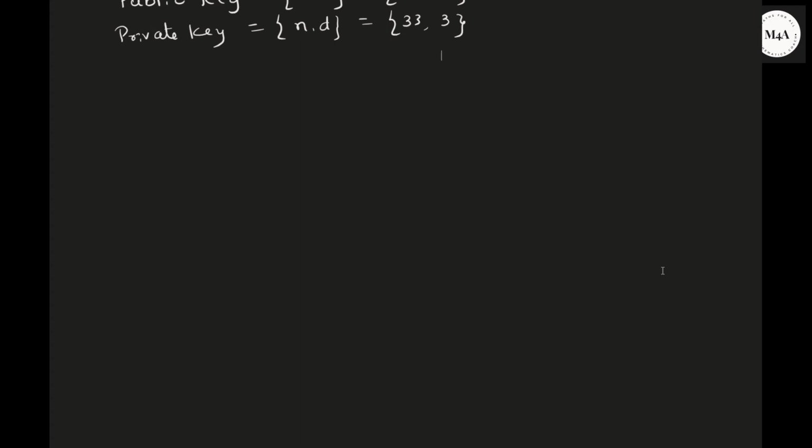Now we'll check what encryption and decryption are, for this same example. In encryption, what is the formula? It is C is equal to m raised to e mod n.